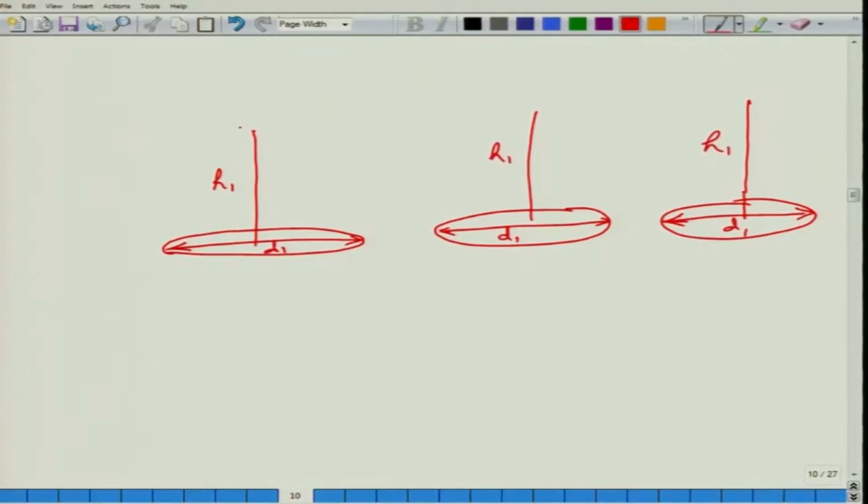Now, we could connect these say in a conical fashion, or we could connect it in a paraboloid fashion, or we could even connect it in any arbitrary fashion.